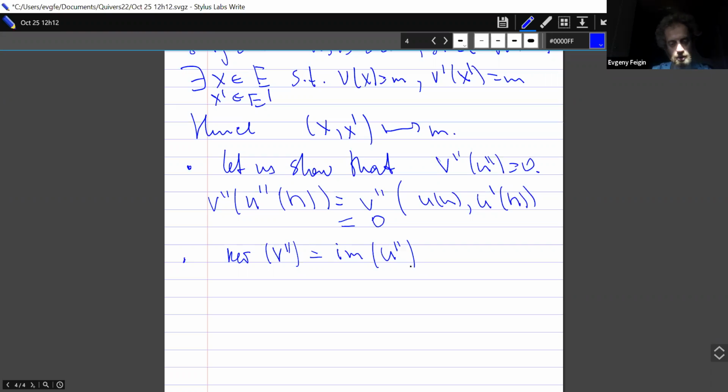So what do we need to show actually? Yes, so we take a pair x, x prime, and if we take V double prime of this, by the very definition, this is V of x, or we can equally say V prime of x prime.